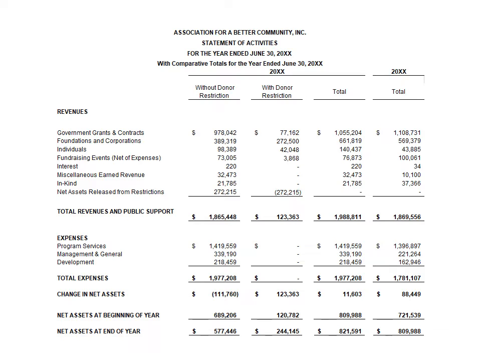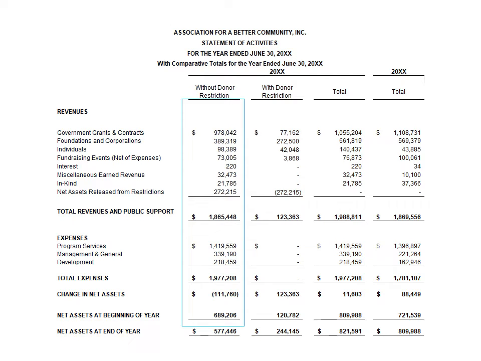So now we'll go through a statement of activities, an income statement for this same hypothetical organization. And you'll see there are a few different columns on the statement of activities. We have our without donor restrictions column. This shows us our revenues that were generated on an unrestricted basis for the year being reported. So again, that's revenue that we could use to fund operations in that period.